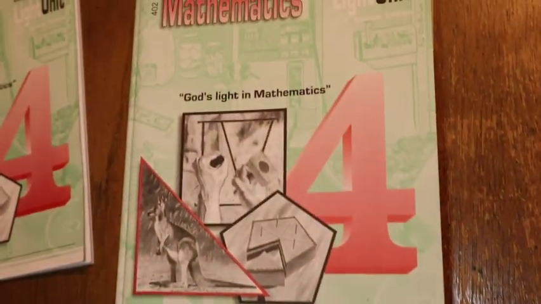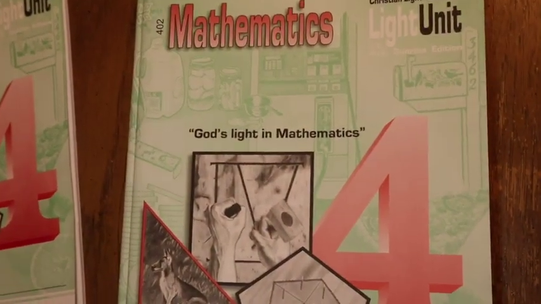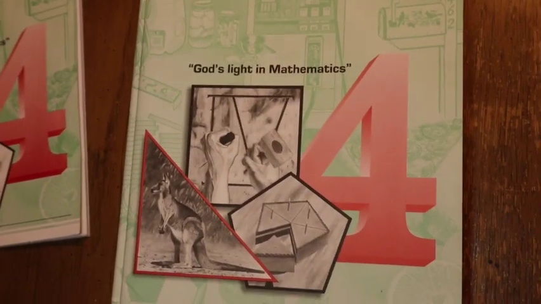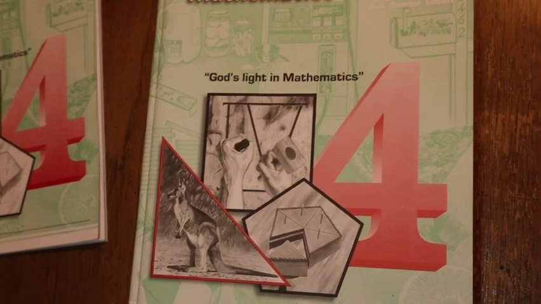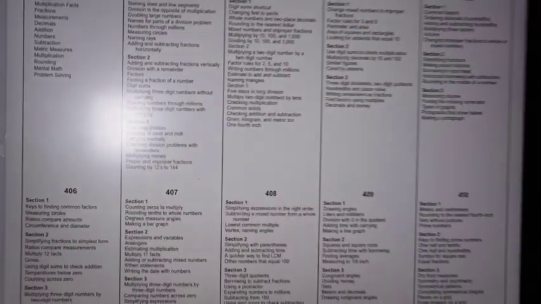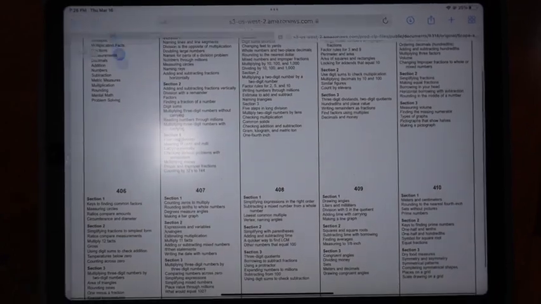And it goes over multiplication, fractions, measurements, decimals, addition, numbers, subtraction, metric, multiplying, rounding, mental math, and problem solving. So that's what that one does. So this one, I'm not going to go over what every single one of them does. On their website, you can look at this.